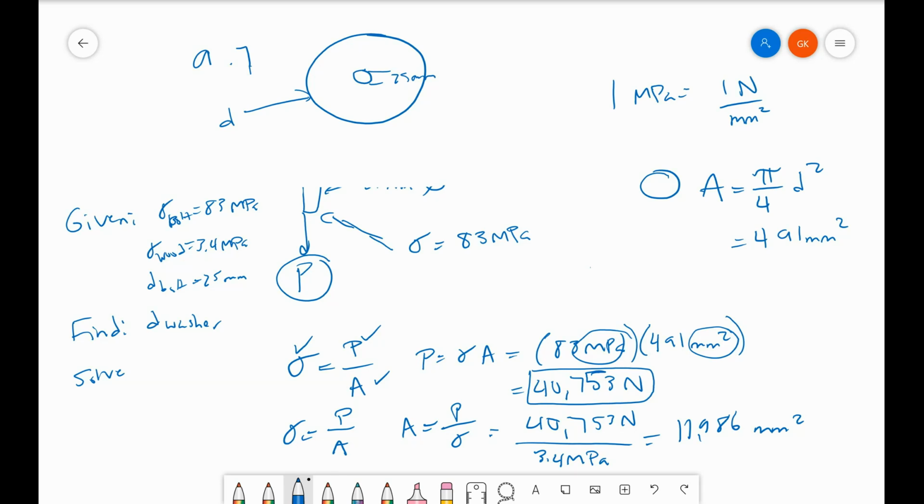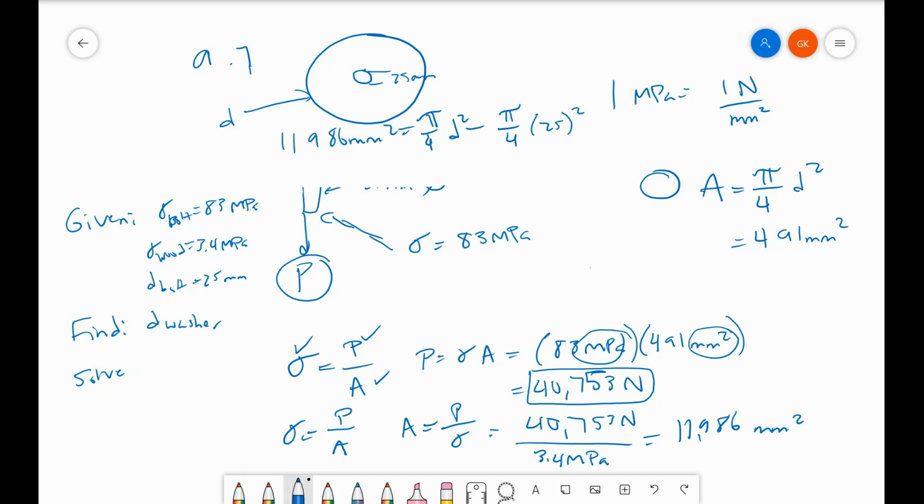So what I get is that the area, 11,986 millimeters squared, must be equal to pi over 4 d squared minus pi over 4 times 25 squared.